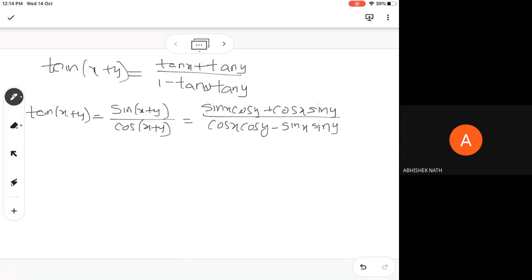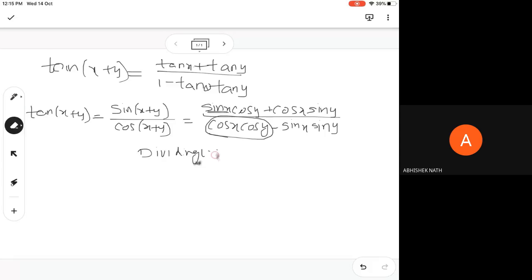The simple thing is, if you want to convert this into tan completely, sin x needs cos x below, so the cos y will cancel.